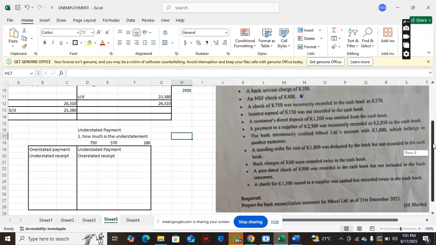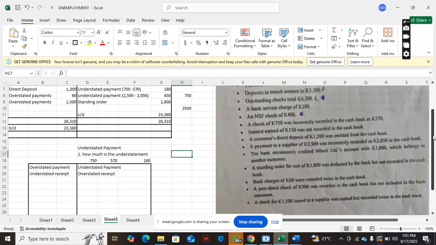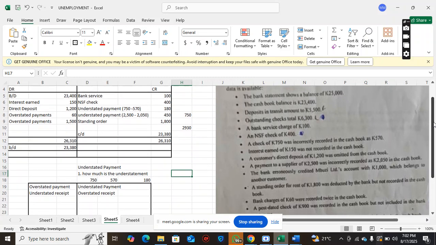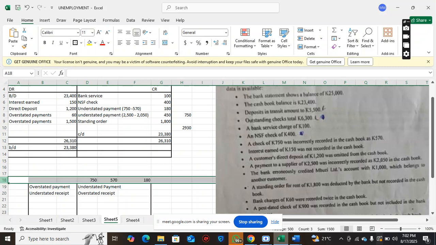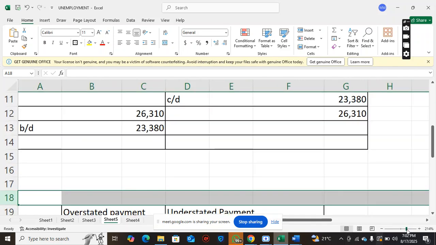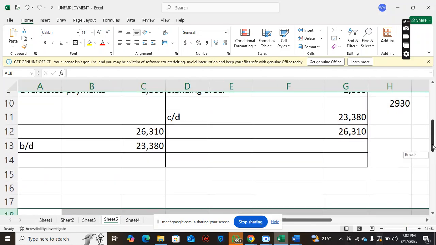23,380. You're finding something else? Let me zoom in first. If you can get a screenshot.